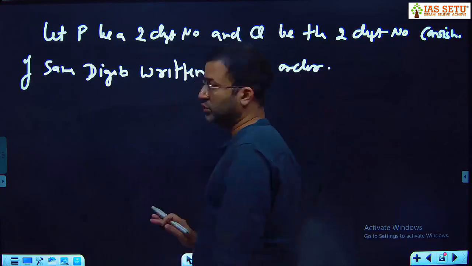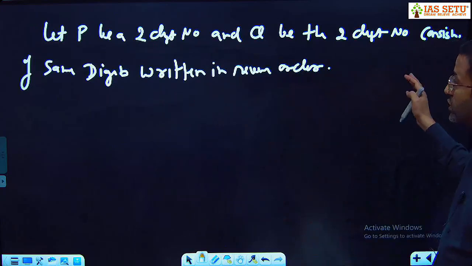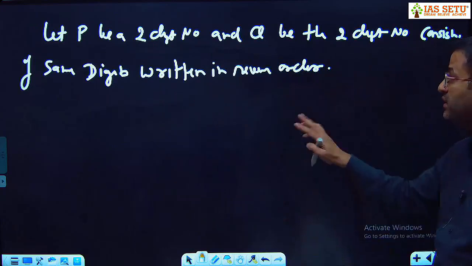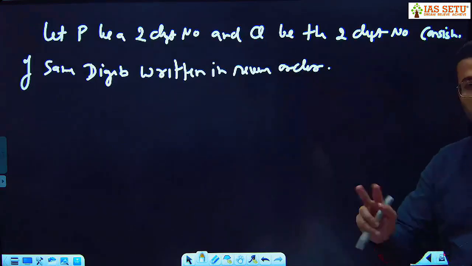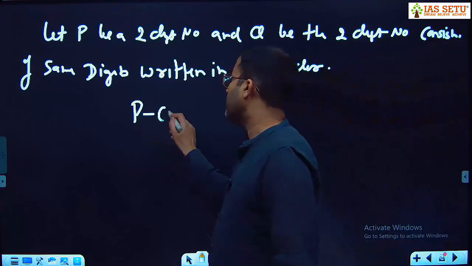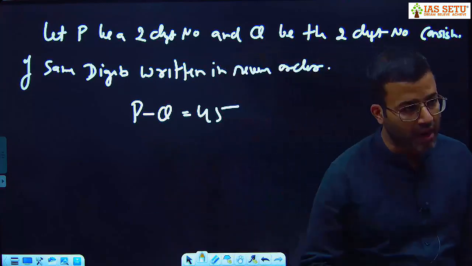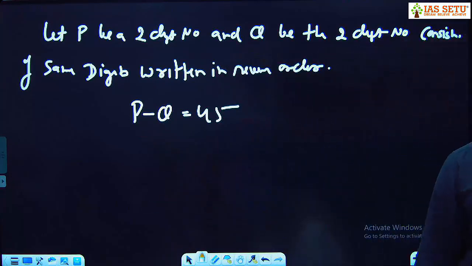Here the language will be better. P is a two-digit number, Q is a two-digit number consisting of the same digits but written in reverse order. Q is the reverse of P. P minus Q is equal to 45.